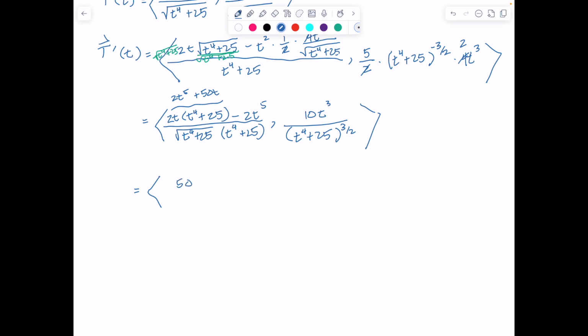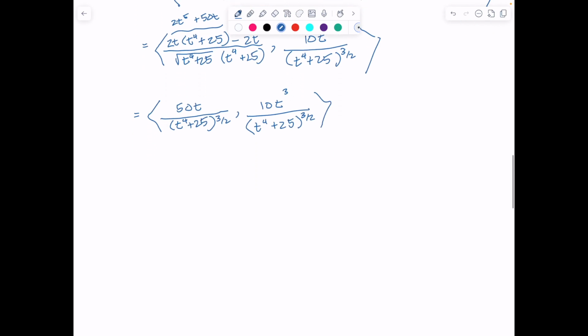So we'll just have 50t over quantity t to the fourth plus 25 to the 3/2 when I multiply out that denominator, and then 10t cubed over t to the fourth plus 25 to the 3/2. Good so far? All right, excellent.